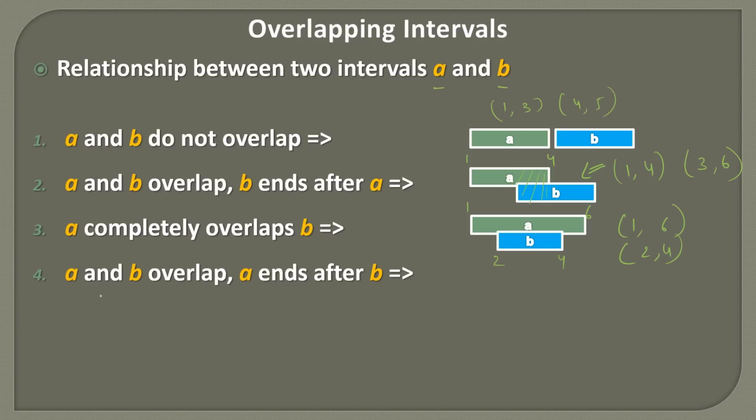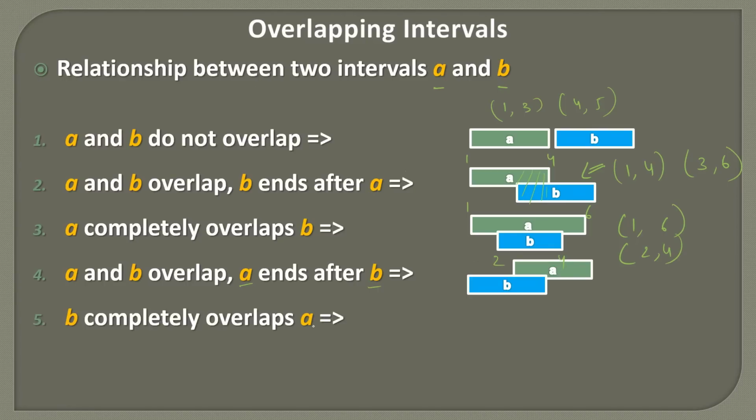The fourth case is A and B overlap, and A ends after B. This is pretty much the same as the earlier case, but here it looks something like this. Before, B was ending after A, but here A ends after B. So these two are pretty much the same, only the names of the intervals have changed.